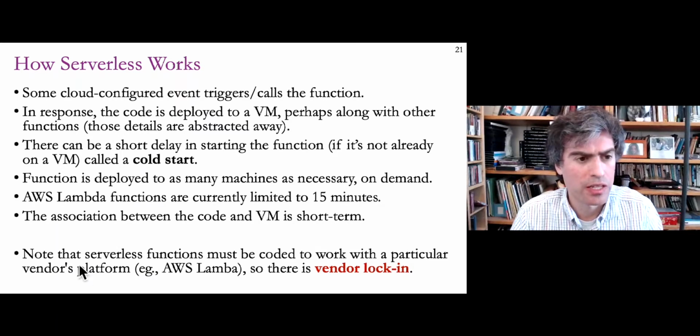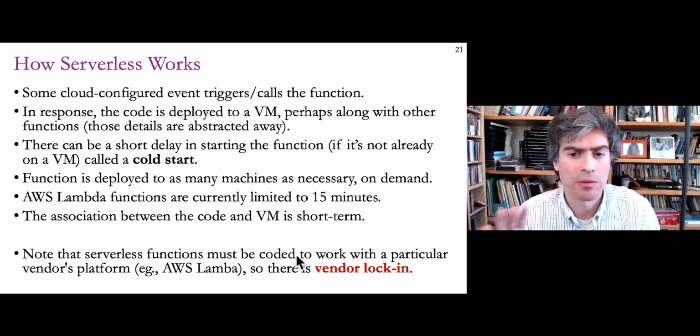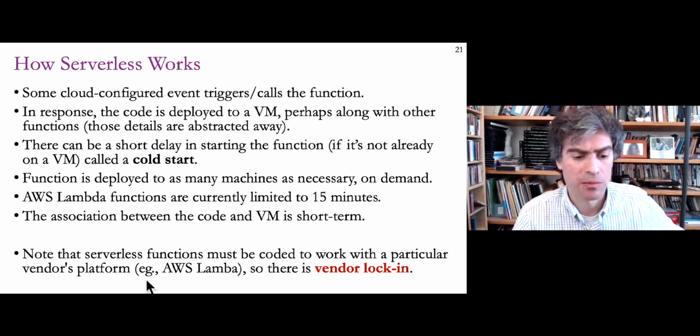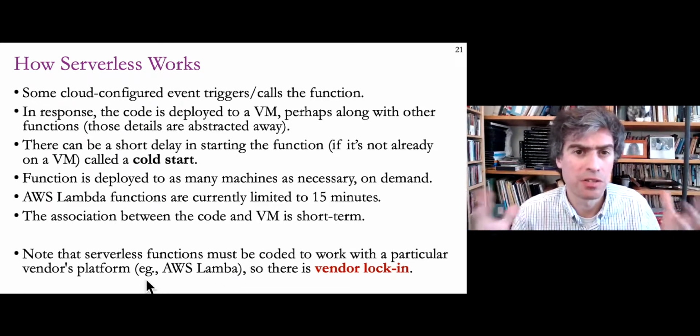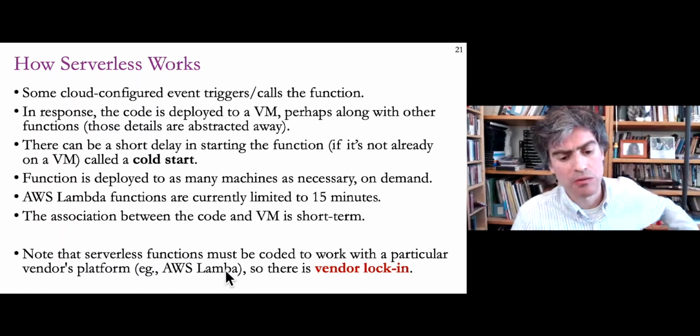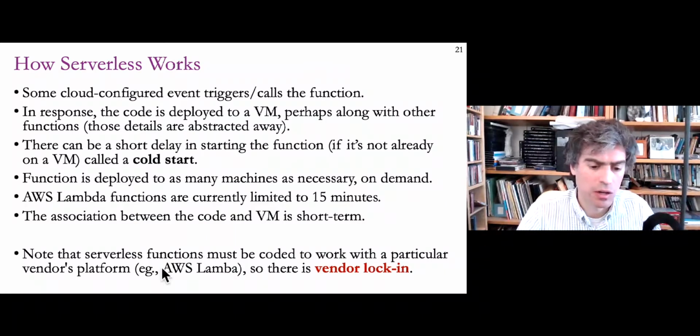So one of the downsides of this approach is that you're using a particular environment that's uniform, but it's probably customized to the particular vendor. So for example, with Amazon, you're using Lambda, and the particular Python environment or Java environment they provide you is a little different. It's not just the way that you invoke your functions, the way parameters are passed in is specific to Amazon.